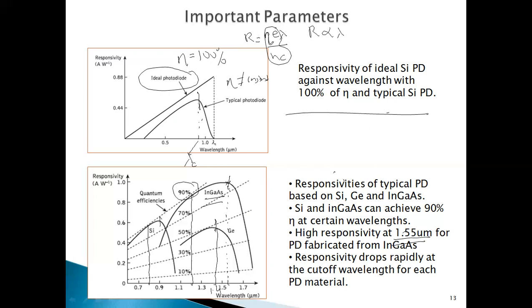For indium gallium arsenide, it happens somewhere around here, about 1.6 micrometer wavelength. And for silicon, it is about 0.9 micrometer wavelength. So that should be the value of the long wavelength cutoff for the respective photodiode material.